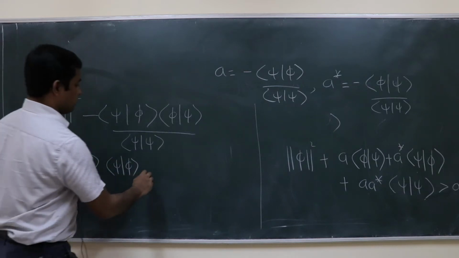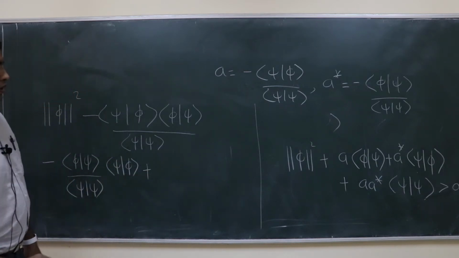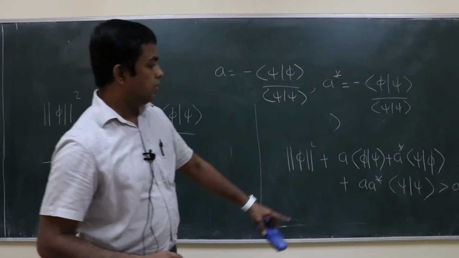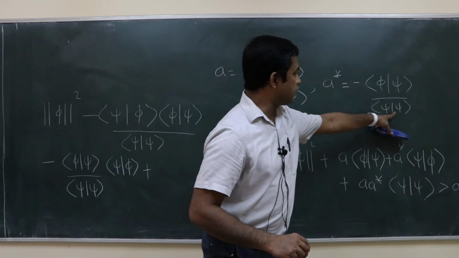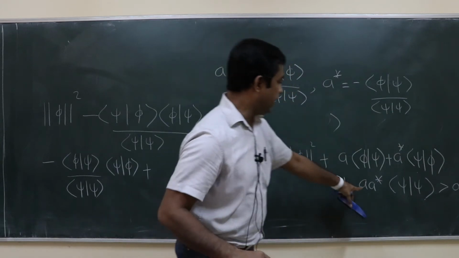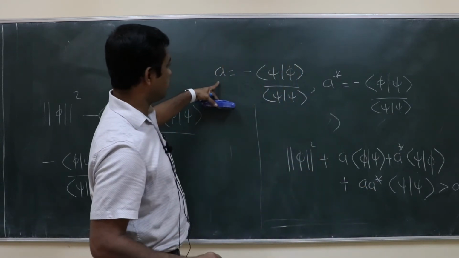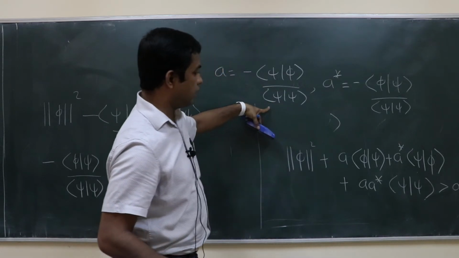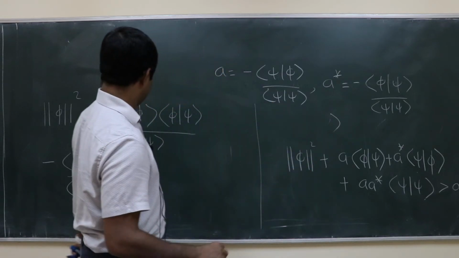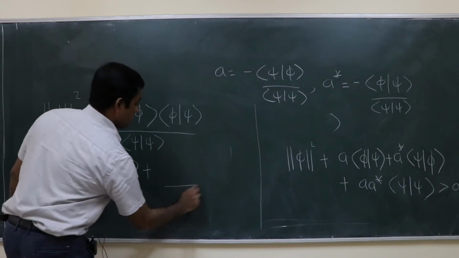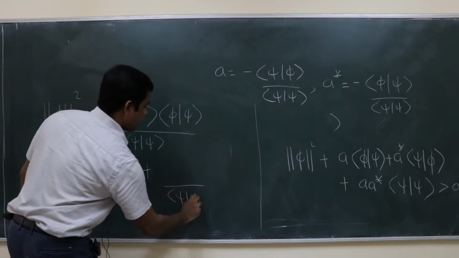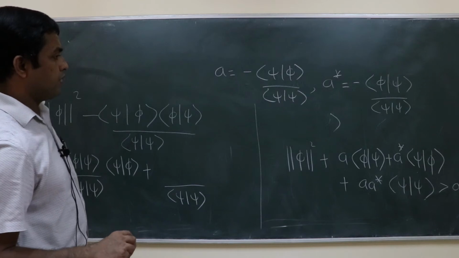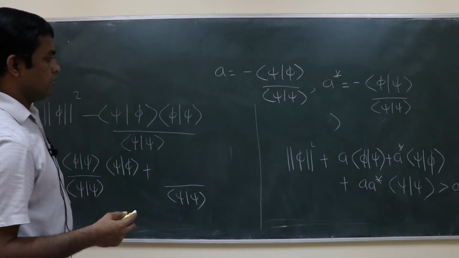And the last term: one bra psi ket psi will cancel with the other, because this is a star a. There are two bra psi ket psi, the inner product of psi with itself, so one of them will cancel out. So in the denominator you get one bra psi ket psi, and the numerator, what are you going to get?